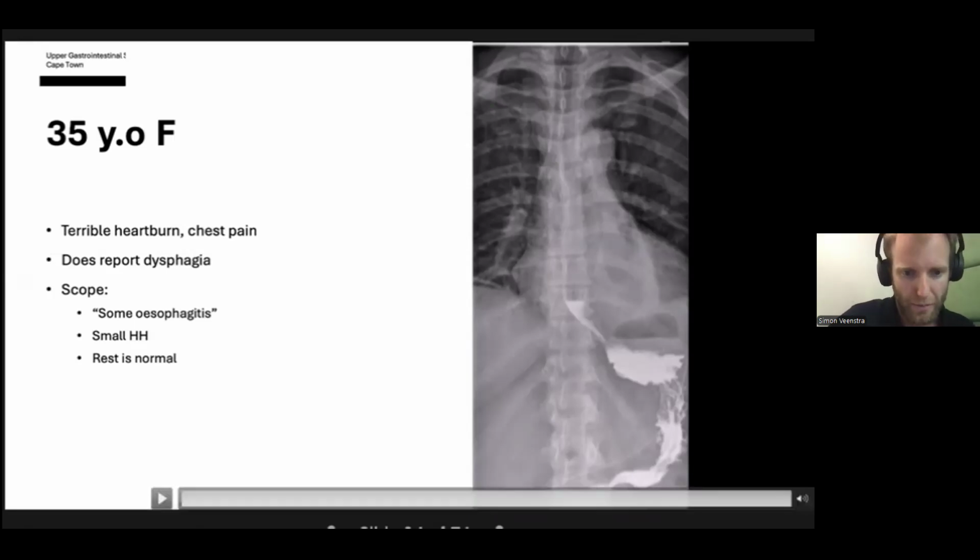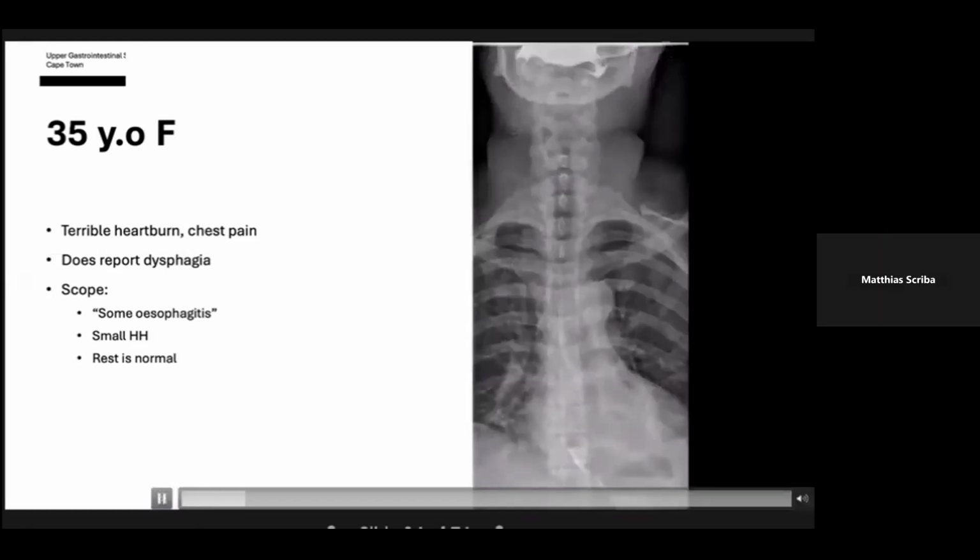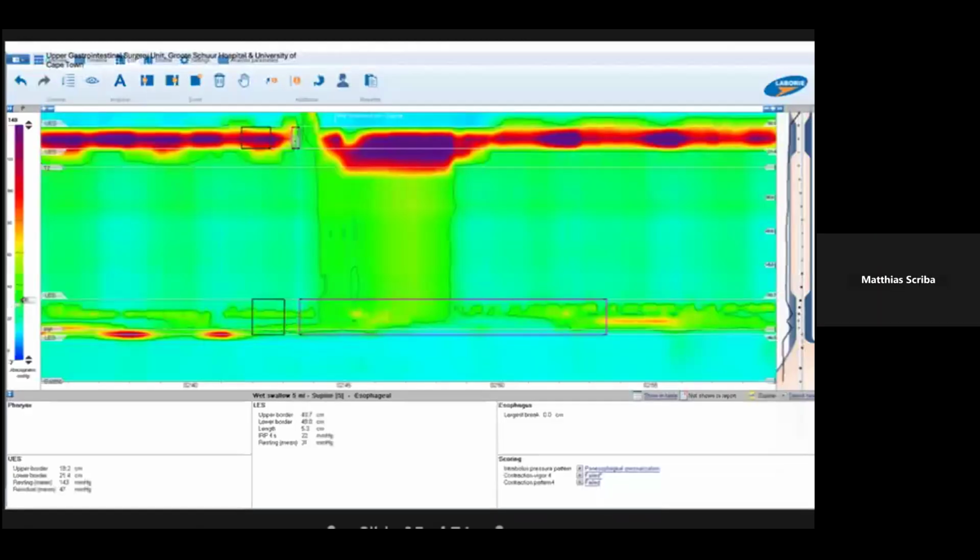I don't know if you'd agree, Matt. Yes, I think probably some of those look slightly dilated, but it's not obvious.